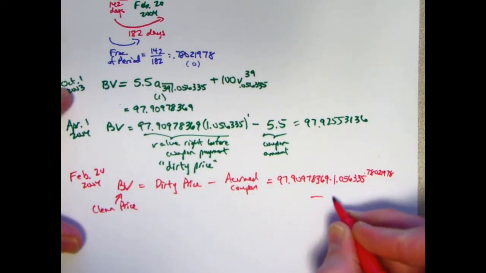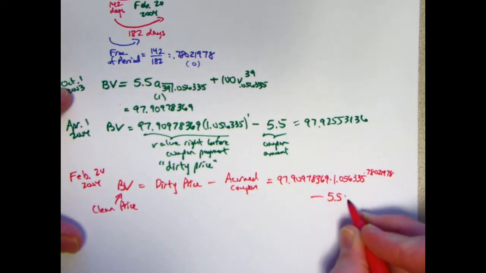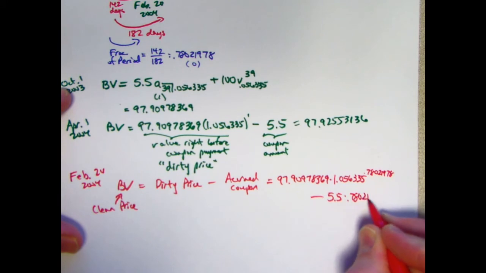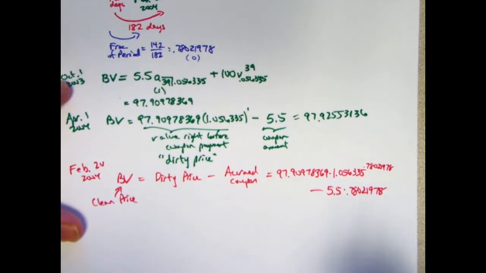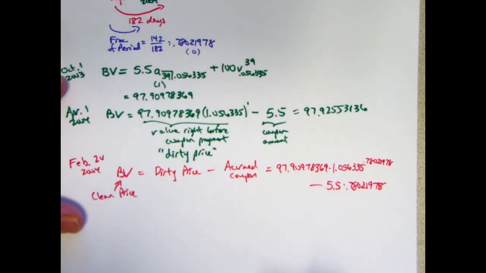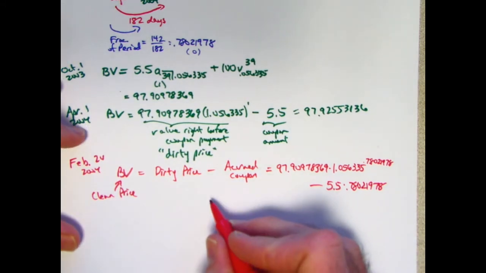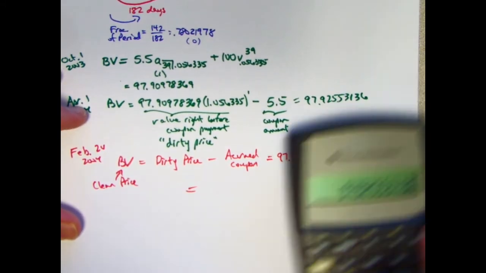Subtract off the accrued coupon, thinking of that as being 5.5 times the same fraction, 0.78021978. Okay? That's the method to find the answer according to the back of the book in Broverman, and also according to how you should do it on the Actuarial Exam 2 here in 2017. So let's go ahead and finish this calculation now.